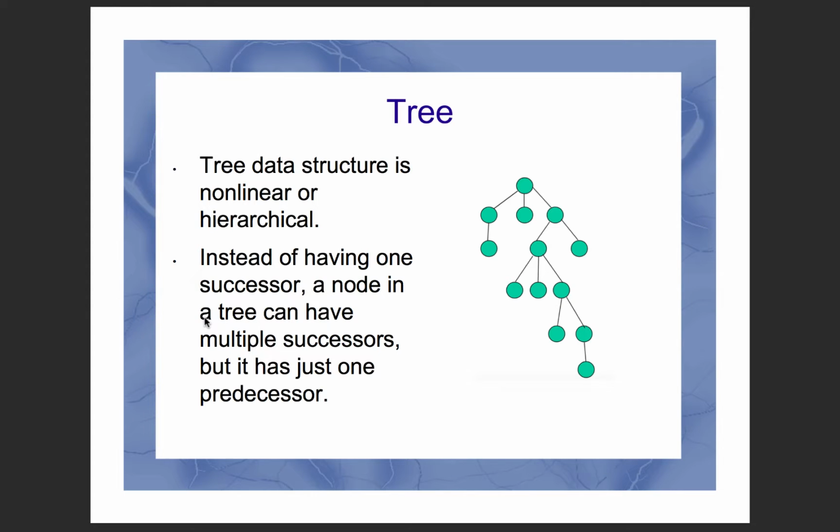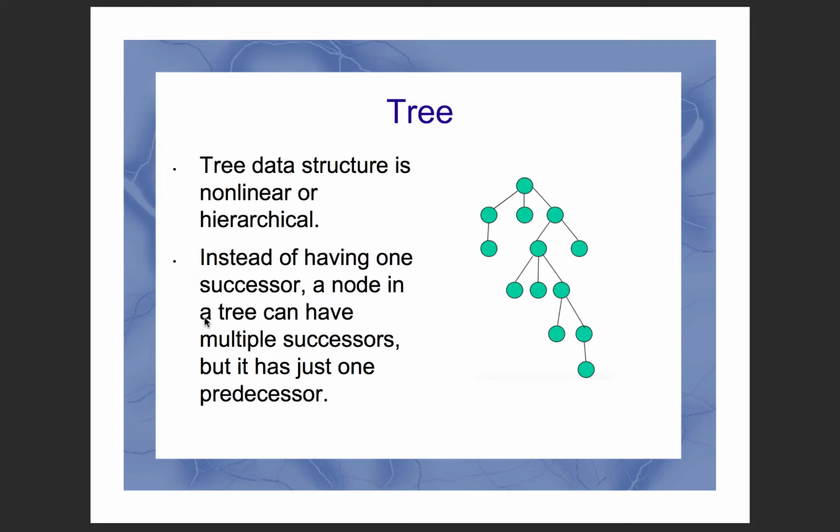So every node has one following node, and a doubly linked list has two references: one for the backward node, and another one for the forward node. But we never had in a linked list a node with two forward nodes. So that's why a linked list is linear. It always has one forwarding node.